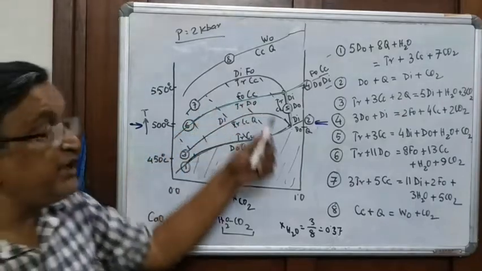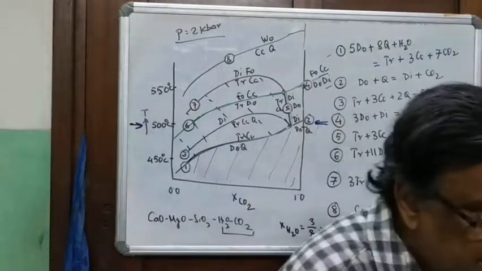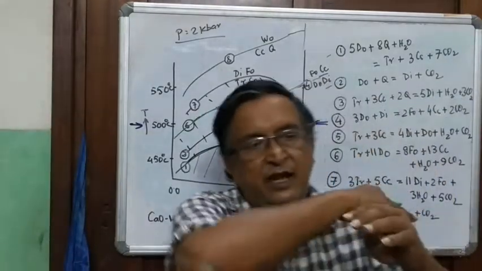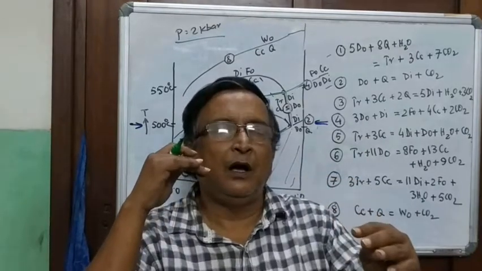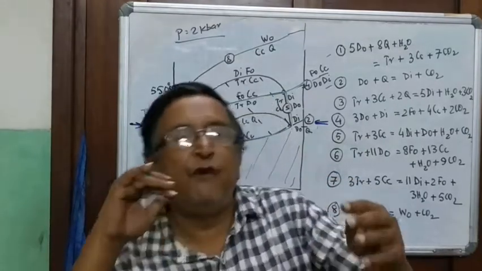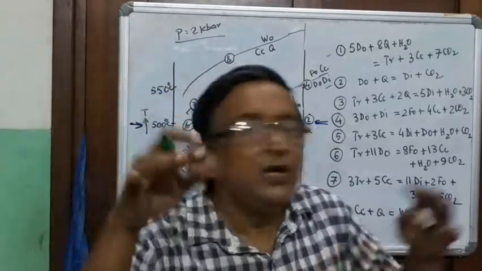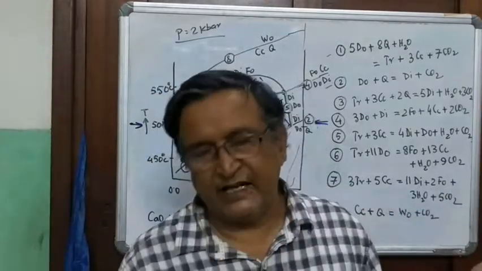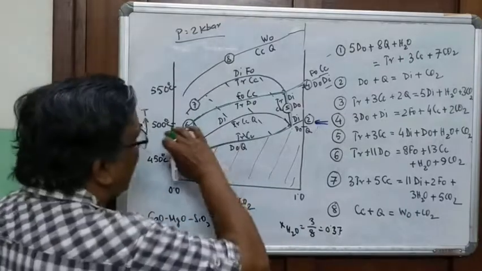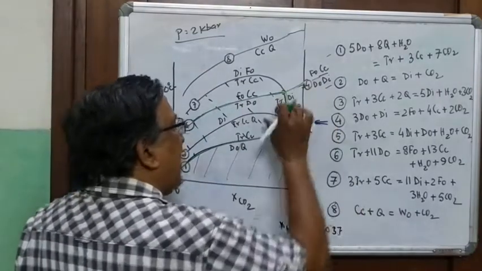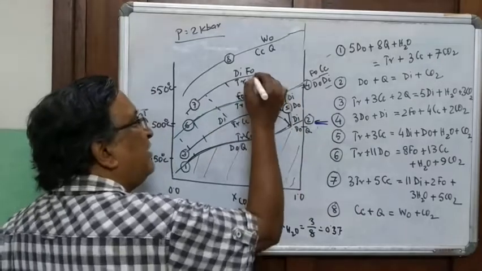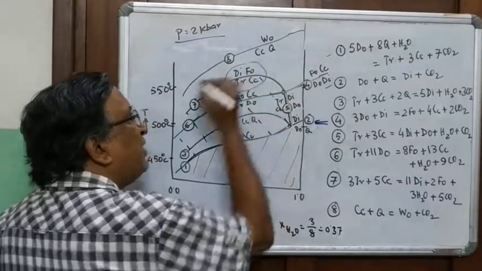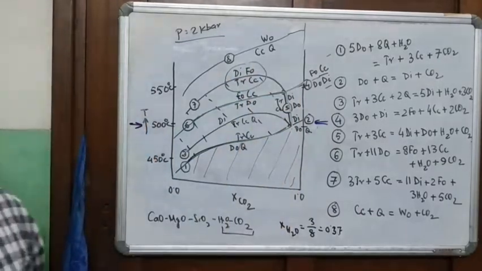But it is not that the temperature at which tremolite is exhausted is where forsterite appears. No, it is not like that at all. This is the band over which tremolite occurs, and forsterite bearing assemblages start to appear here. But here you see, you can have tremolite and forsterite all together.